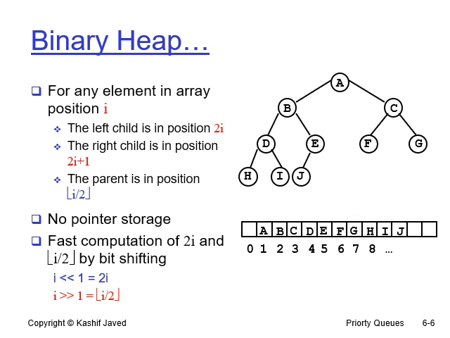So you can see in this example, we don't need any pointer storage. All the elements can be stored in a simple array. No pointer manipulations are required. So things become faster, obviously.